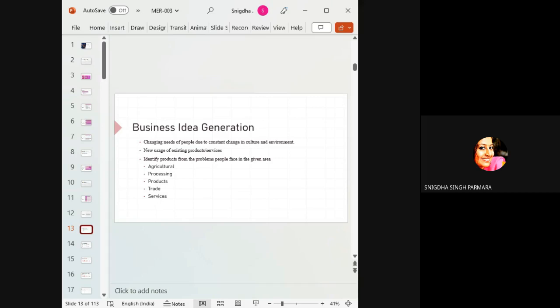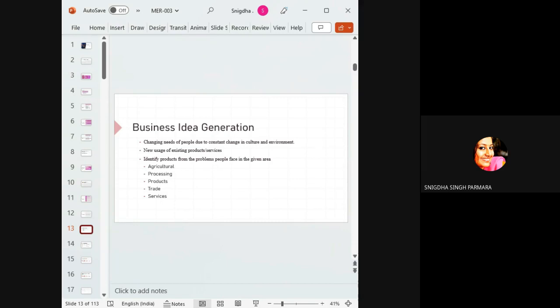These changes can be in any of the areas of a person's life, for instance in clothing, in technology, in food, communication, lifestyle habits, fashion, etc., etc. So new products or services for these requirements offers new opportunities for the business.